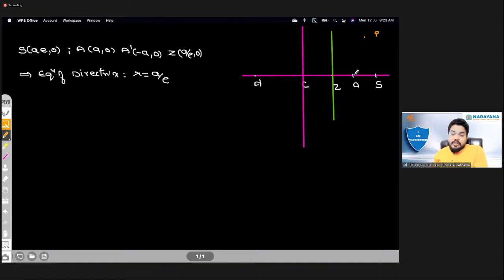And by default, I took SA by AZ, SA by AZ is equal to E. So that means A is the point on the curve, and so you will be getting the equation like this.